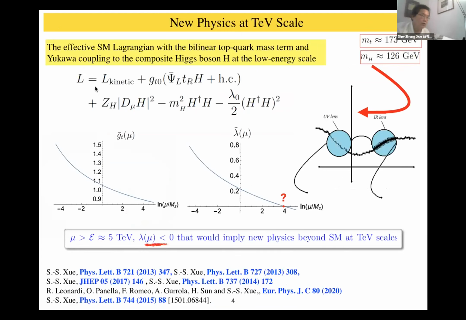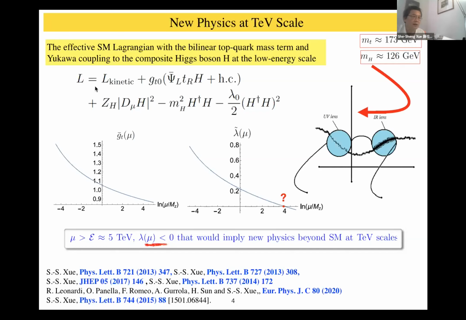Going to low energy, this model was actually studied before the Higgs particle was discovered, and at that time there was not enough experimental information for the theory. After the Higgs particle was discovered, we can really study this effective Lagrangian.